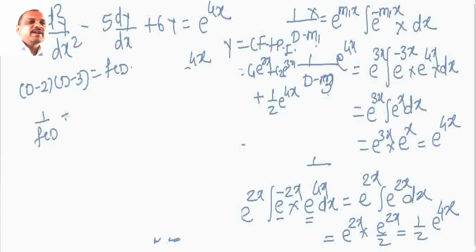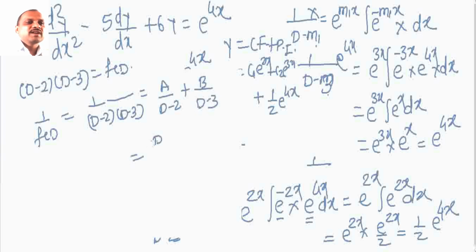Okay, so 1 divided by f of D equals 1 divided by D minus 2 into D minus 3. This is equal to A divided by D minus 2 plus B divided by D minus 3, equal to A into D minus 3 plus B into D minus 2, divided by D minus 2 into D minus 3.